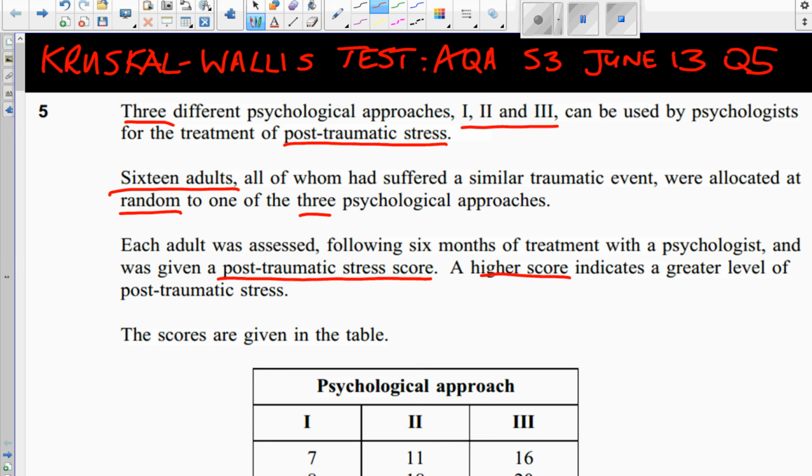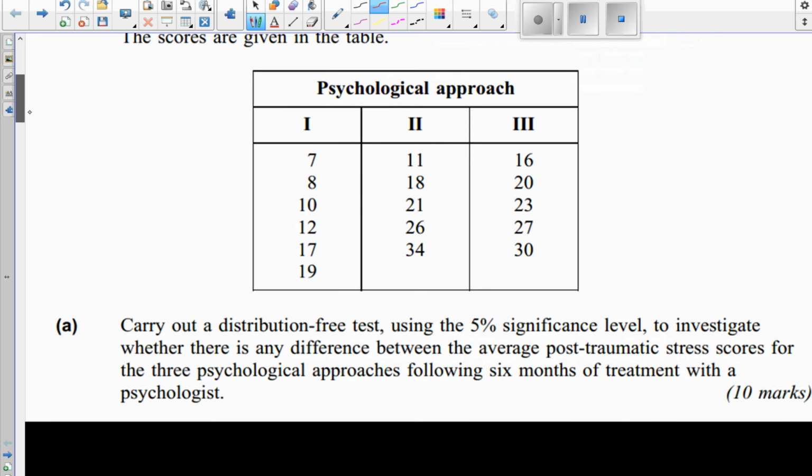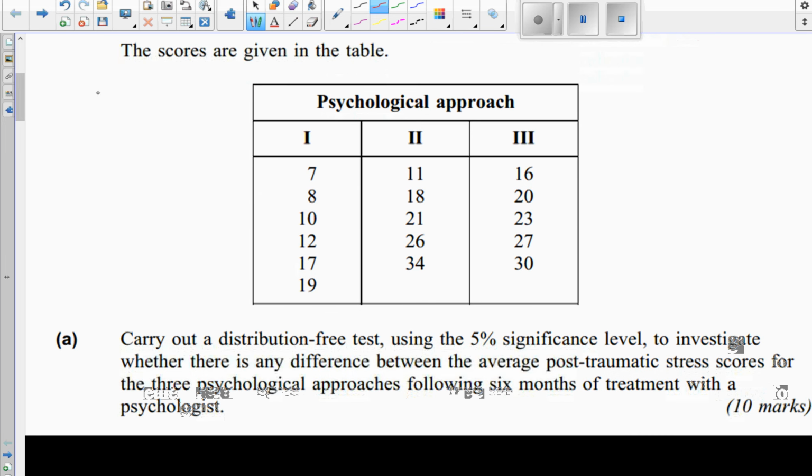A higher score indicates a greater level of post-traumatic stress. So high is bad, low is good in terms of a treatment. The scores are here, set out in a table. That's our data that we're going to use for our test.